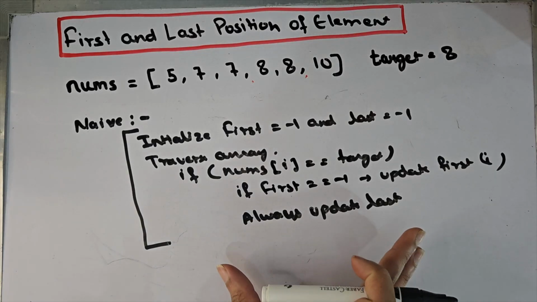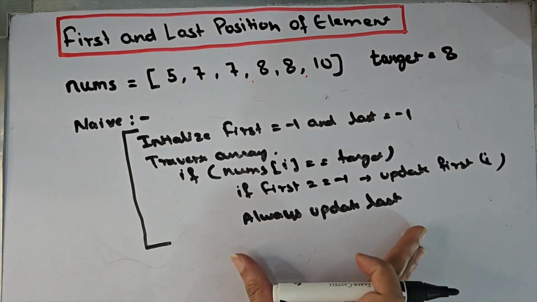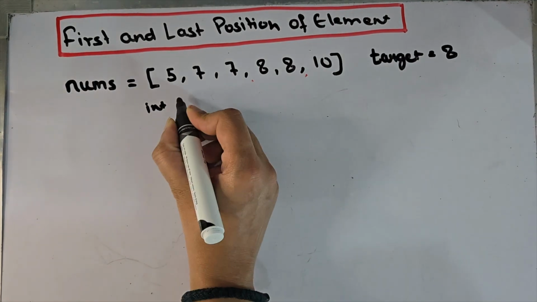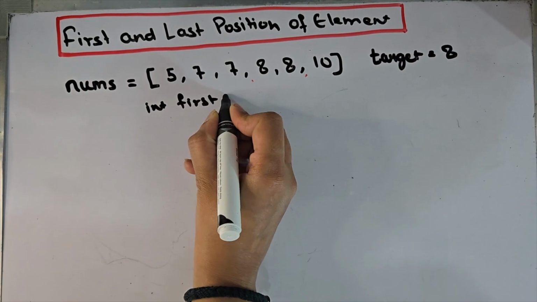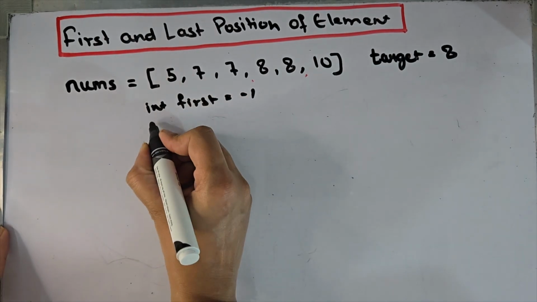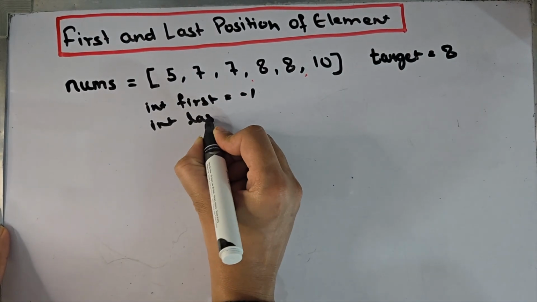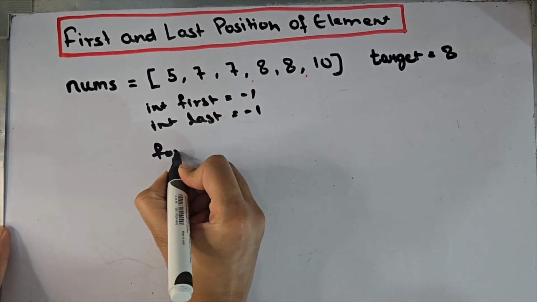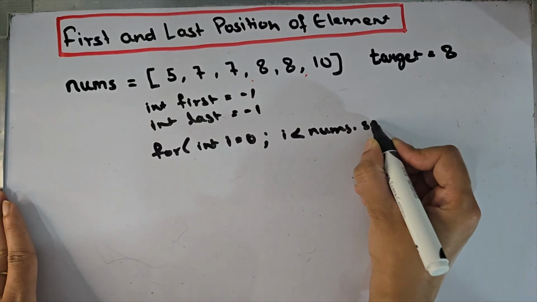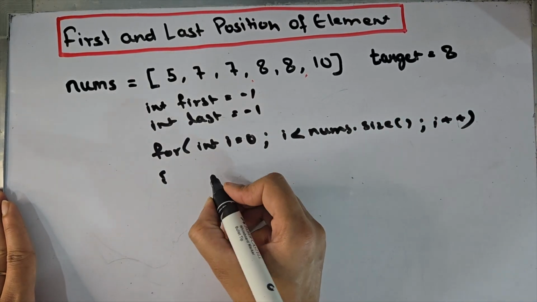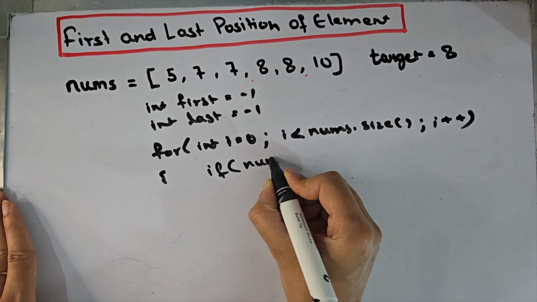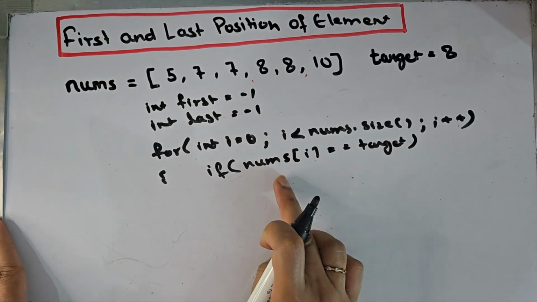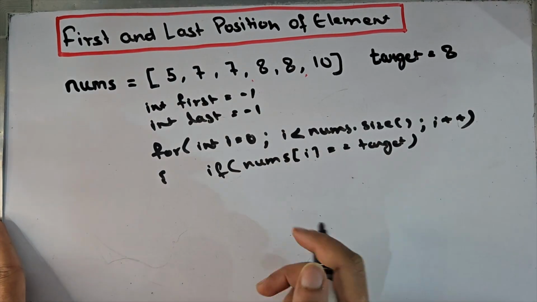So let's try coding our naive solution first, then we will look at optimization. So we will have an element first which is equal to -1, an element last which is equal to -1, and we will loop, and in the loop we will see if the element at i is equal to target.